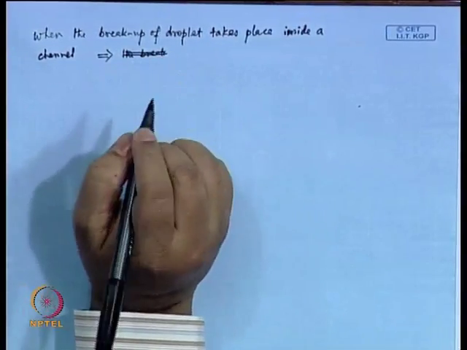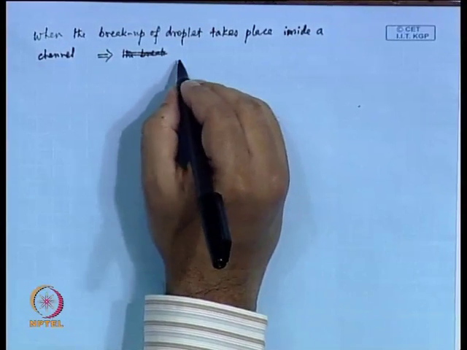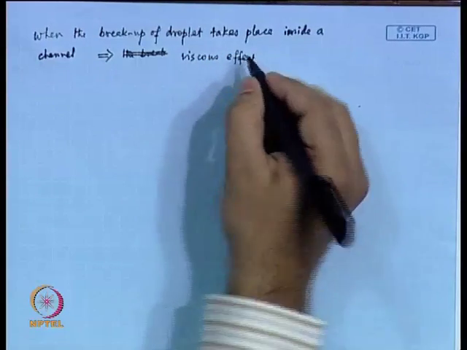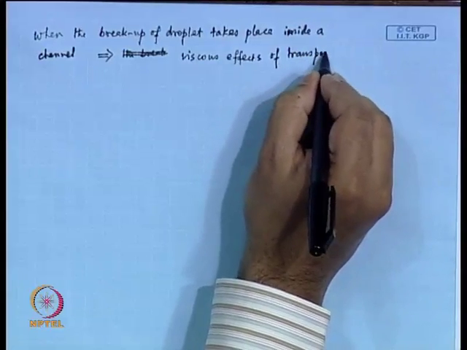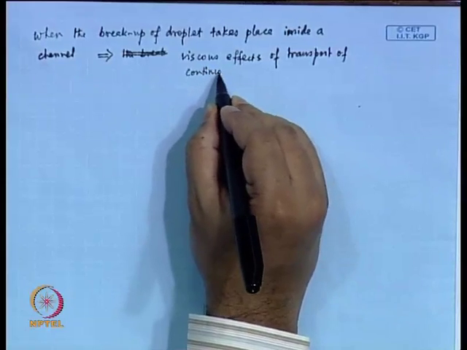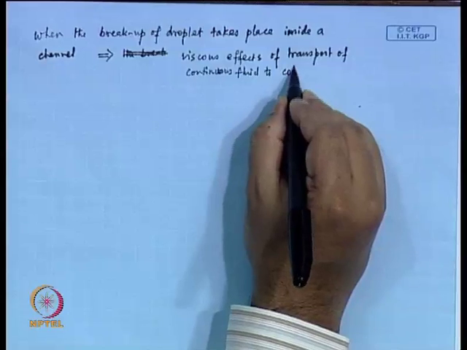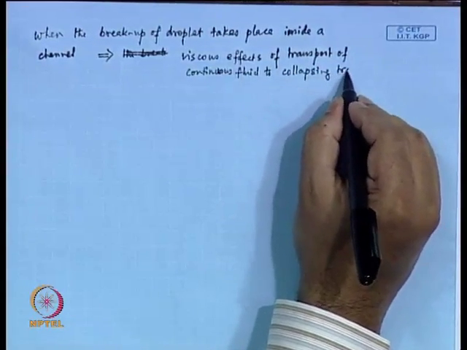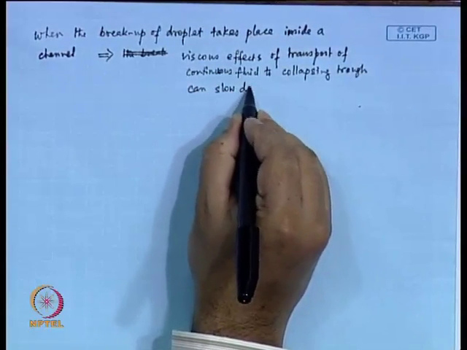What you can write is that the viscous effect of transport of continuous fluid to the collapsing trough can slow down the breakup.